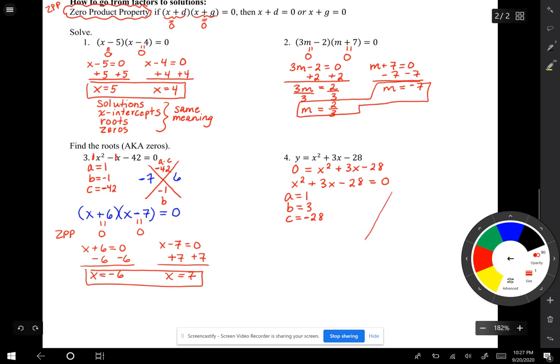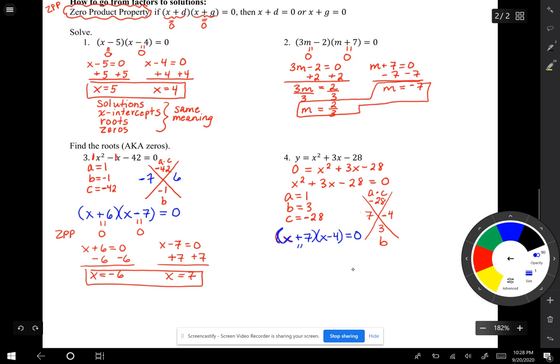So let's make our X. A times C, B. A times C, so it'd be negative 28. B is 3. So I know 7 and 4 go here, but now one of them has to be positive, the other has to be negative. Since 3 is positive, 7 must be positive. There we go. And so now we're going to write our factors. X, so we have x plus 7 times x minus 4 equal to 0.